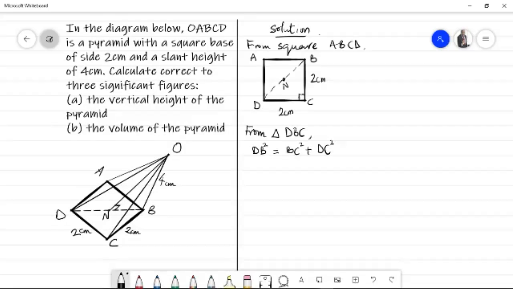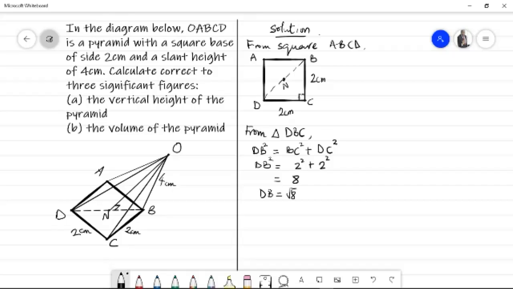That means DB is going to be equal to BC squared, which is 2 squared, plus DC squared, and DC squared is 2 squared as well. That gives me 8, that is 4 plus 4, so DB is equal to the square root of 8.